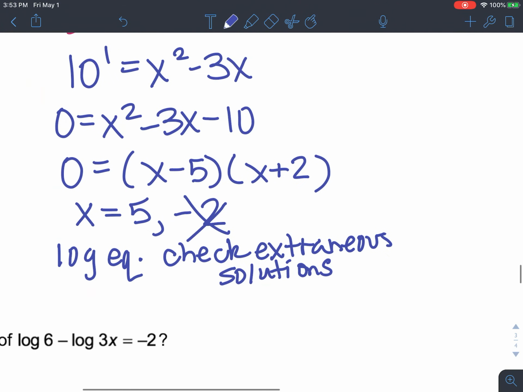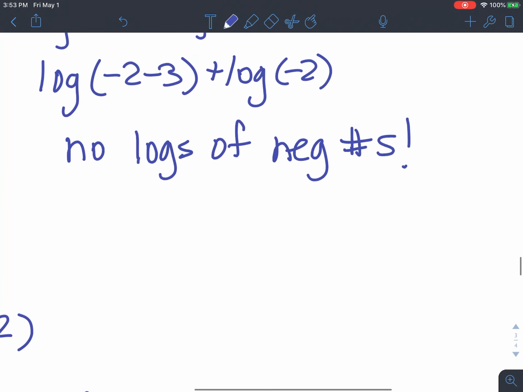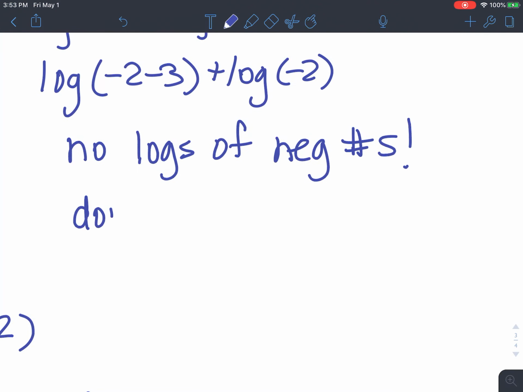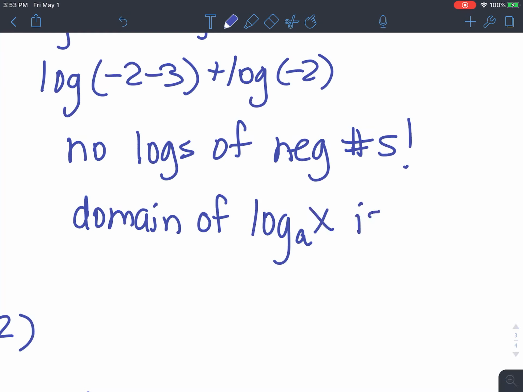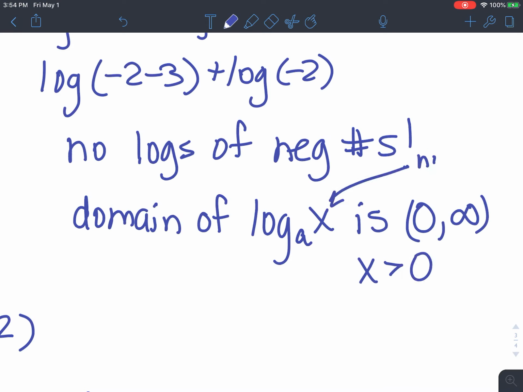So you would have to cross out the extraneous. I like to circle the other one. So remember that the domain of any log, so I'm just going to put an A here, is only 0 to infinity, or x is greater than 0. You cannot have negatives here.